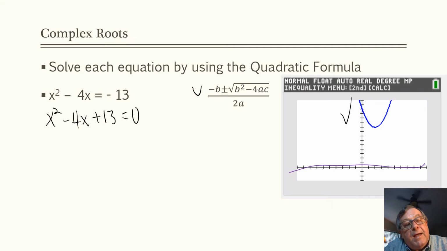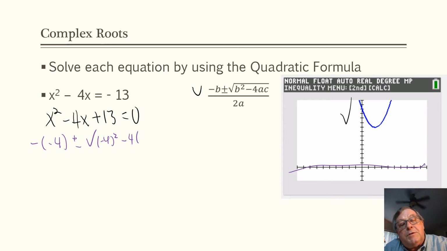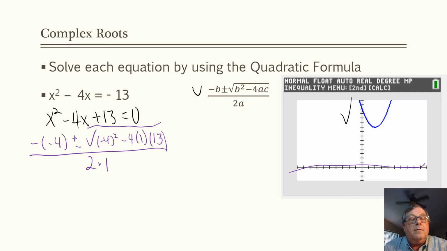So now we got negative b, but b's negative 4, plus or minus the square root of negative 4 squared minus 4 times a, which is 1, times 13, which is, well, we'll figure that in a moment. And that's over 2 times 1.